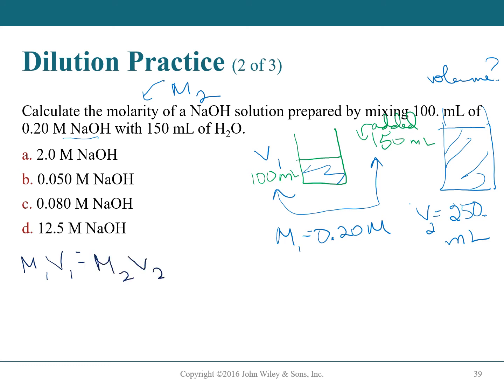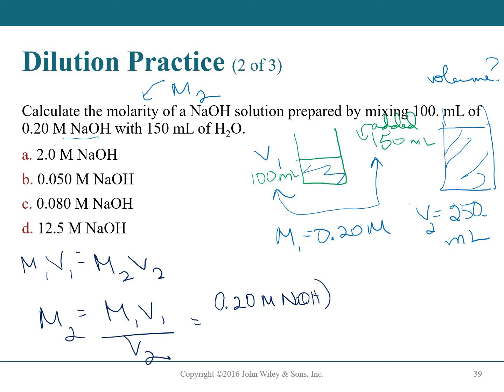Divide both sides by V2, so M2 is equal to M1 V1 over V2. Now let's plug in our numbers. M1 is 0.20 molar sodium hydroxide. V1 was 100 milliliters. And V2 is the sum of 100 and 150 of water added onto it, so that total is now 250 milliliters.